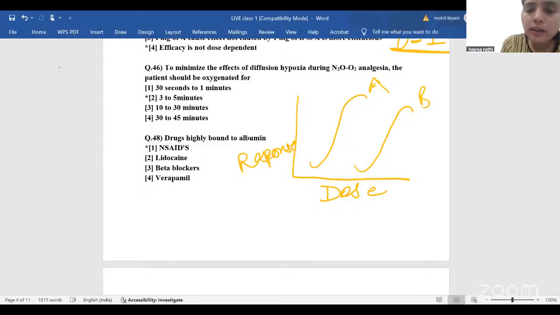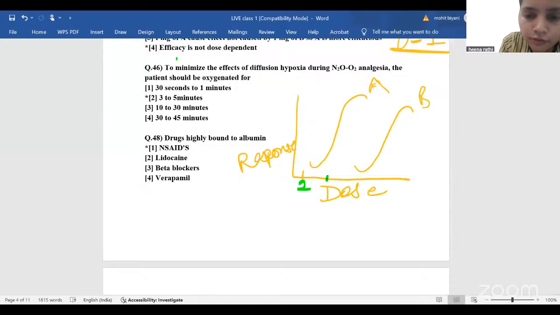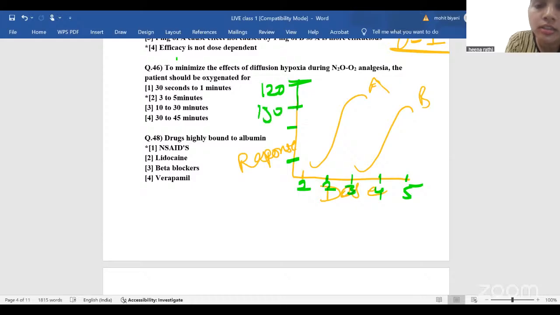When we see doses of 1, 2, 3, 4 and 5, and the response, suppose this drug is for hypertension. It is going to reduce the blood pressure, which is 120, 130, 140, 150.